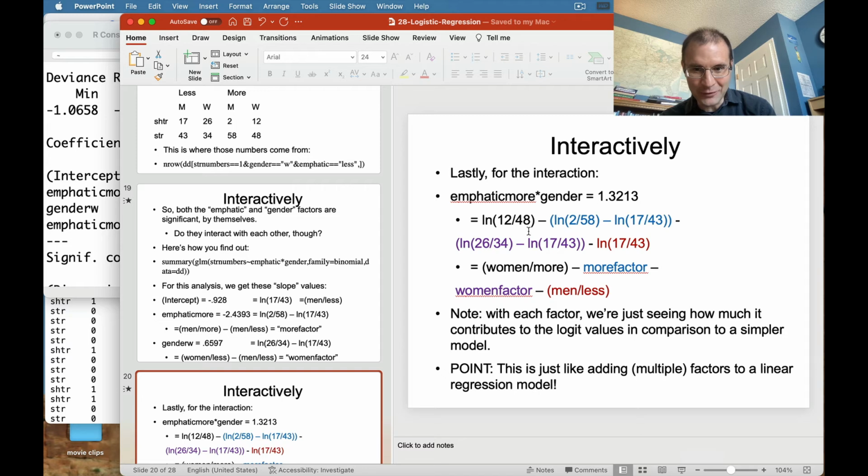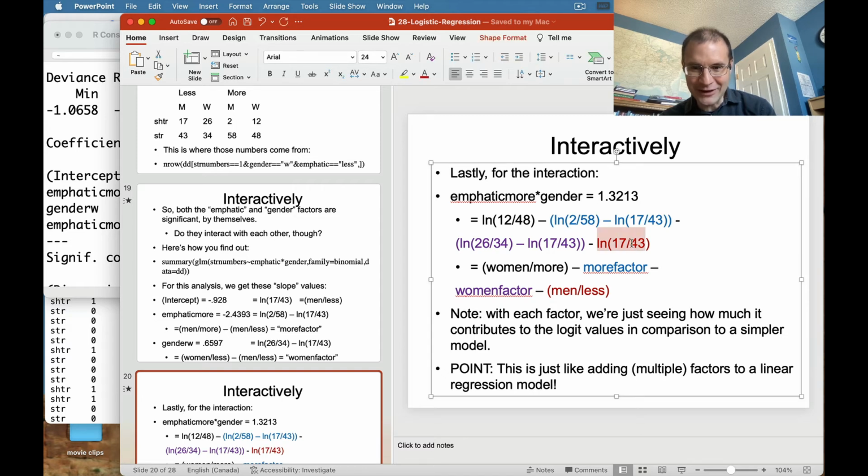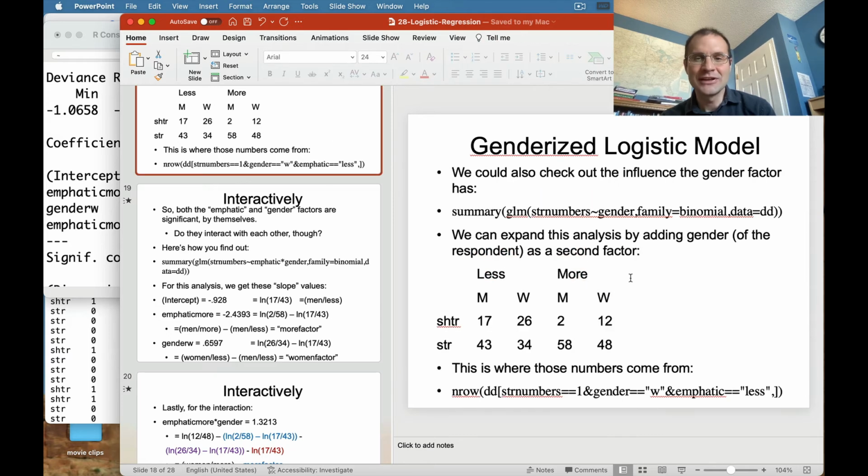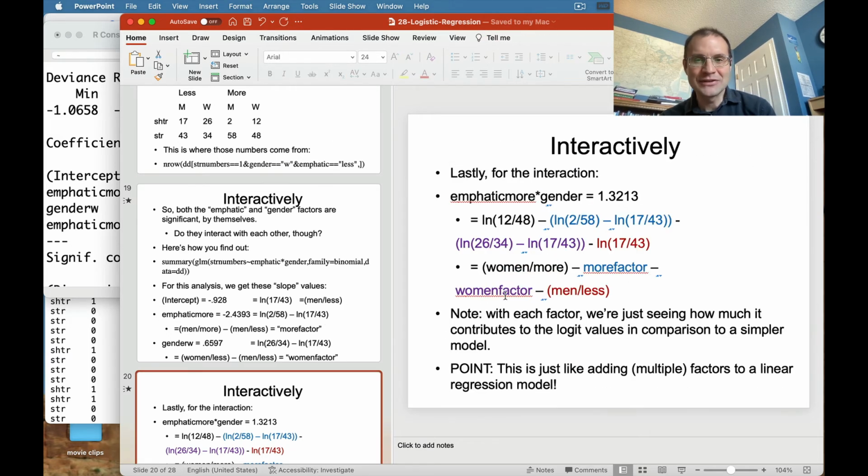But what we start out with, this is our baseline. And this is kind of where we wind up, which is where both factors are different. So our baseline is men and in the less context. And we want to be able to compare that to the women and more context, which is where we have 12 STRAs and 48 STRAs produced.